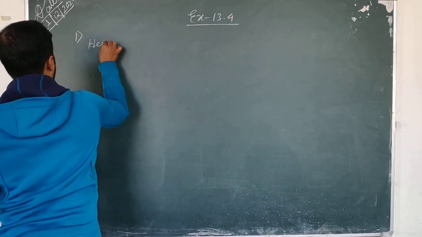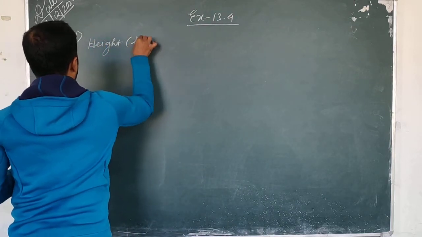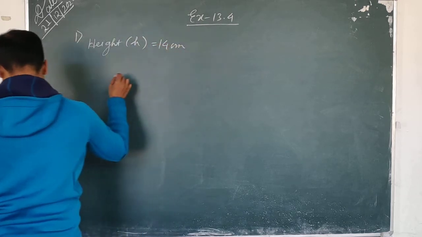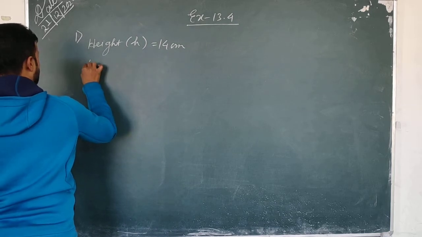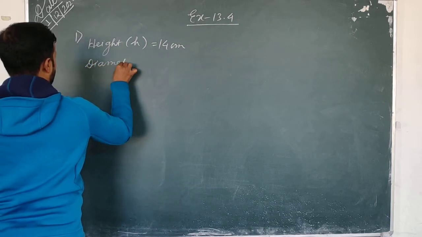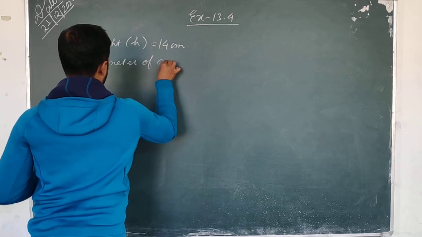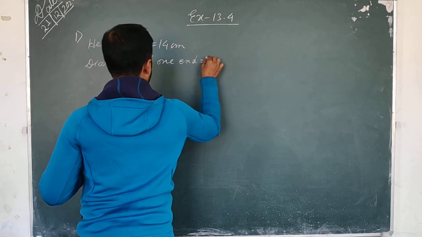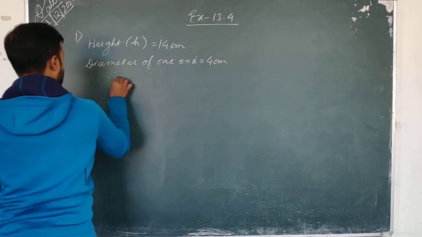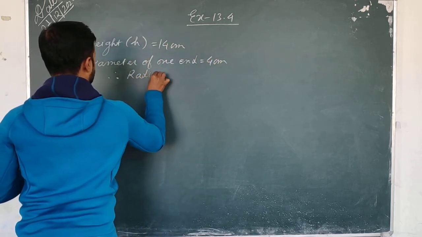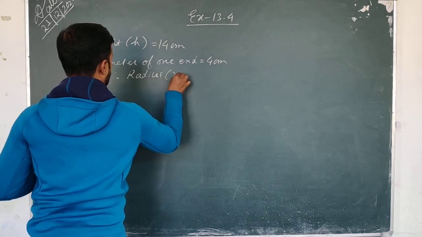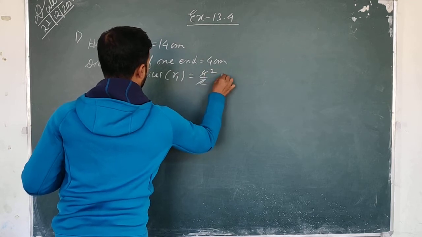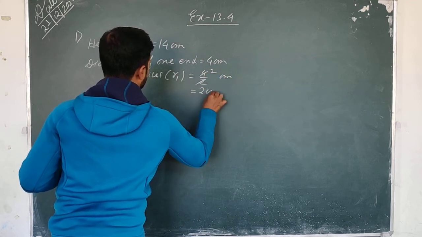So height h is 14 cm. Diameter of one end is equal to 4 cm. Therefore, radius r1 is equal to 2 cm.